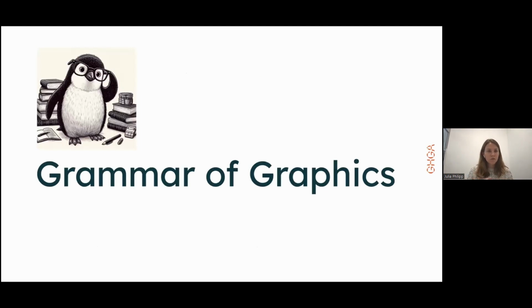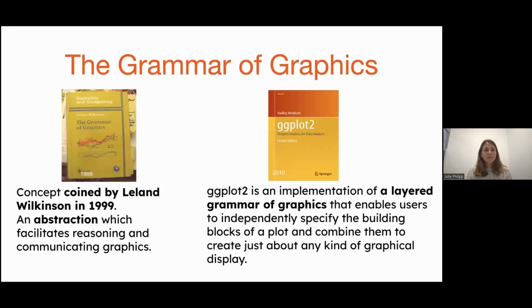So I want to introduce you to the concept of grammar of graphics. This was a concept coined in 1999, and it was an abstraction of all the different elements that are included in a plot or a data visualization. And they were kind of trying to summarize the different levels that a plot can have and the different attributes that you would have to complete a data visualization.